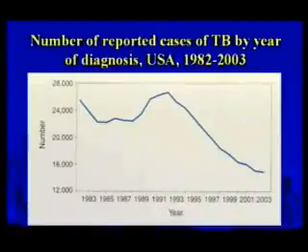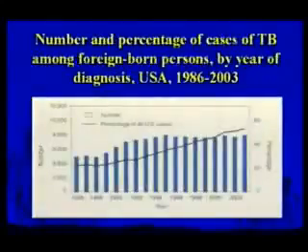It's now around maybe 15,000 cases a year of tuberculosis in the United States. And the percentage of cases due to people who were born elsewhere has been increasing, as the overall number of cases of tuberculosis falls.